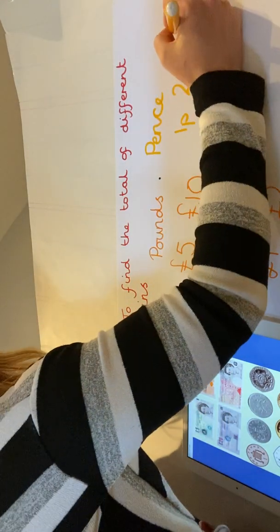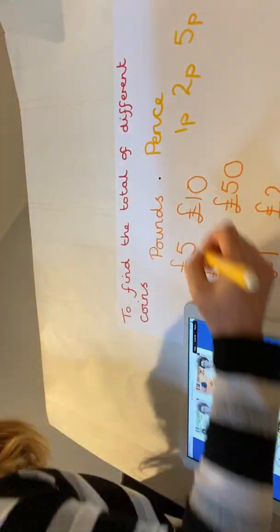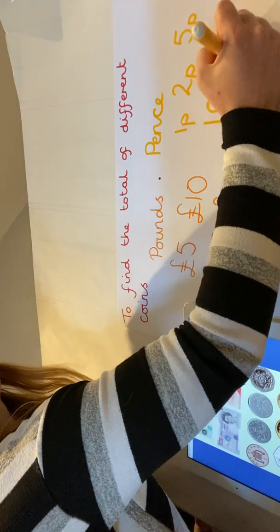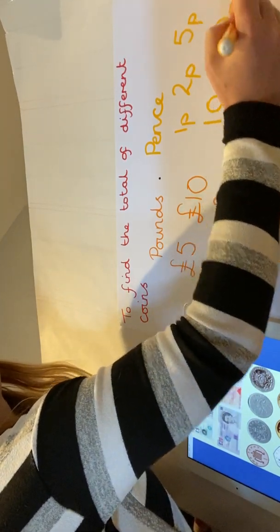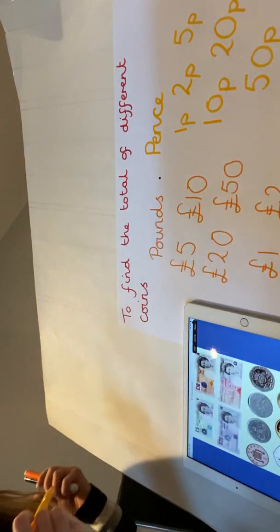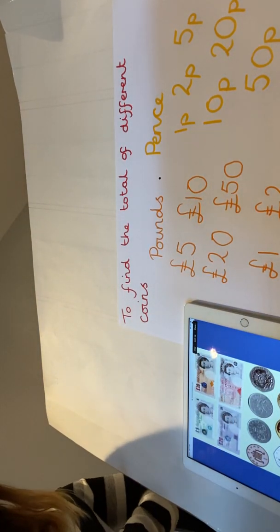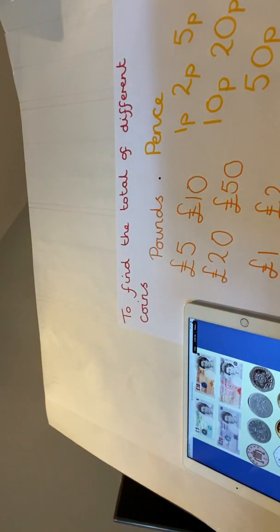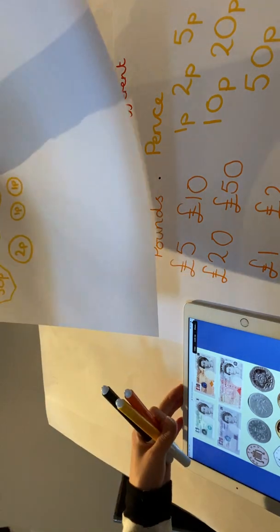We have our 5p coin, a 10p coin, a 20p coin, and a 50p coin. That's a lot of coins to remember. So I'm going to show you some strategies, still thinking about our pounds and pence, of what to do if you've been given a group of coins and you need to add them together.